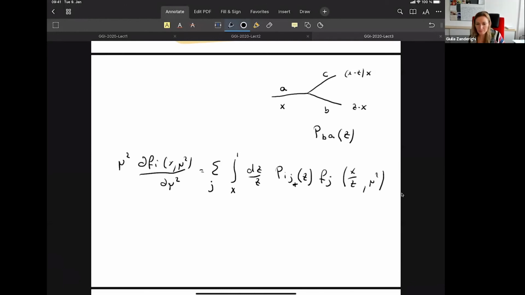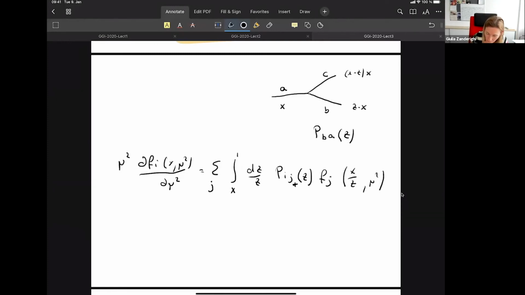So you see that this is really a system of coupled integro-differential equations. The gluon, for instance, affects the propagation of the up, and the up can affect the gluon, the down, and so on. So solving these equations is really very complicated.